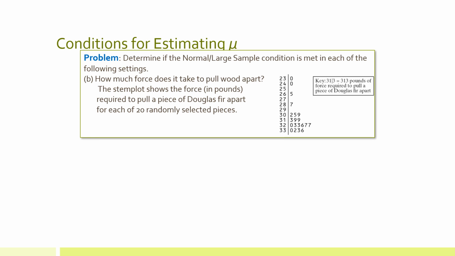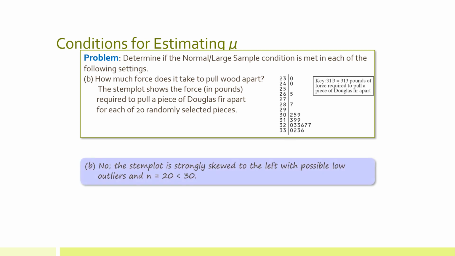Okay, and coming back. So looking at this, they've told me my sample size is 20. So I've got to look at this distribution. And remember, with stem and leaf plots, I've got to turn my head and look at it on the side. And if I do, I see, oh my God, it's so skewed to the left. No, the stem plot is strongly skewed to the left with possible low outliers because that's really far from the rest. And n is 20, which is less than 30.